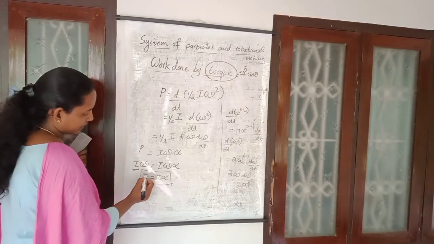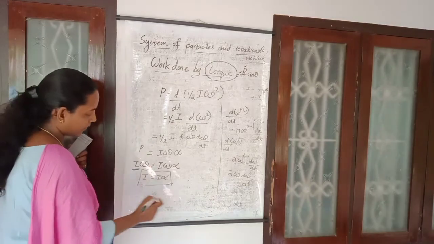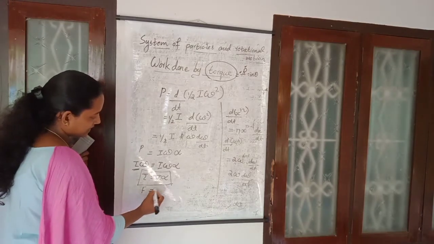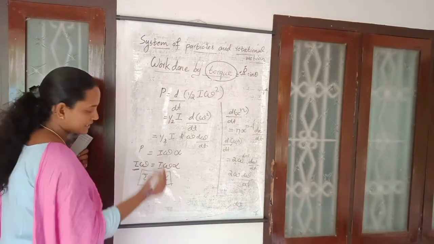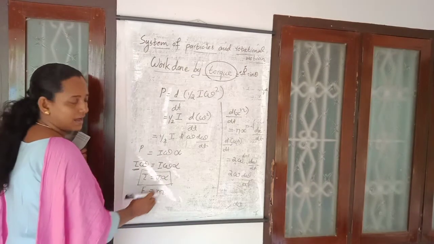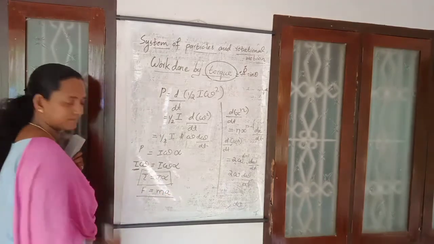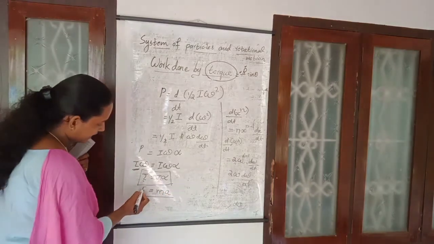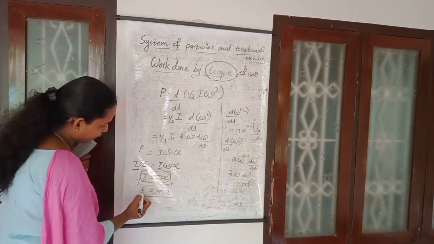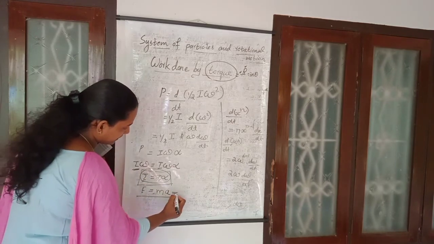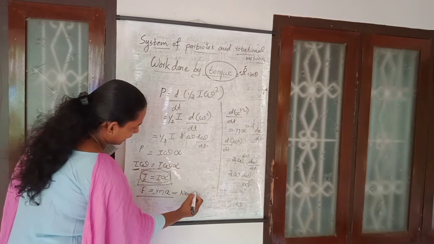Torque means the rotational analog of force. I means the rotational analog of mass. Alpha means the rotational analog of linear acceleration. So this is actually the rotational analog of the formula F equal to ma, which is Newton's second law.